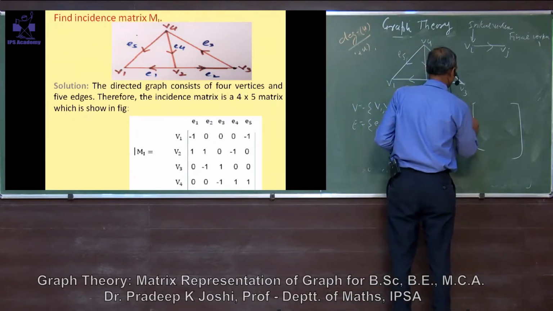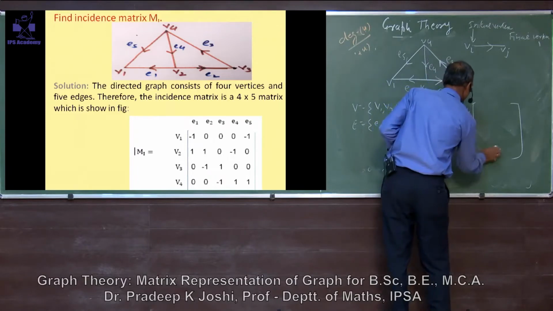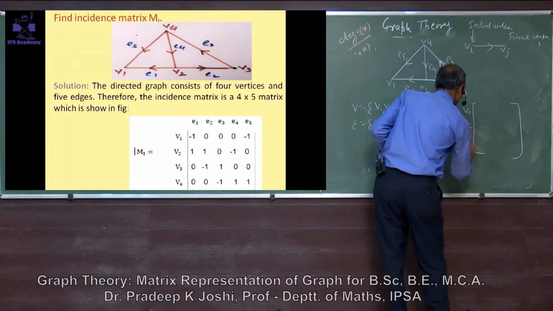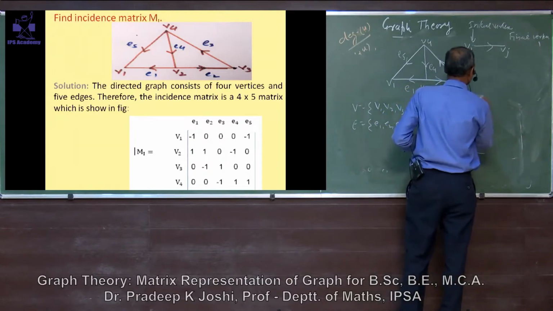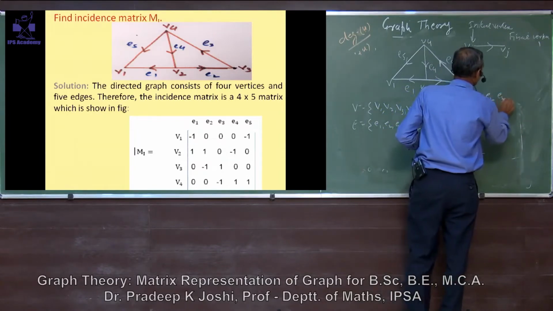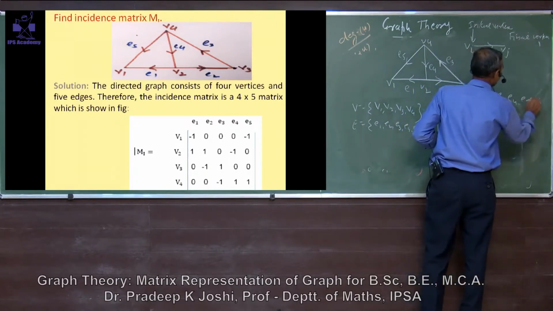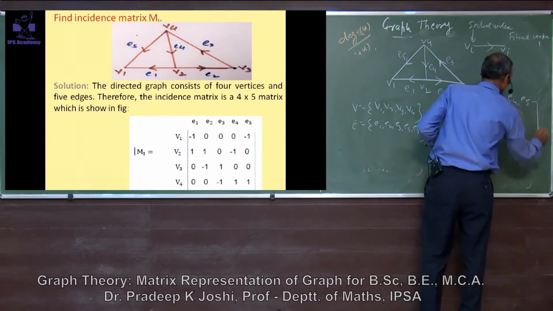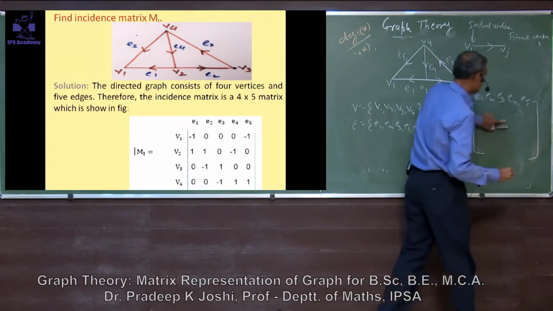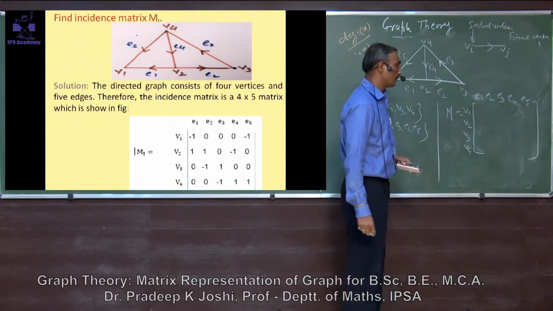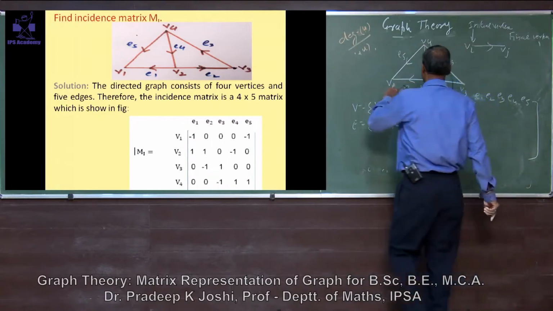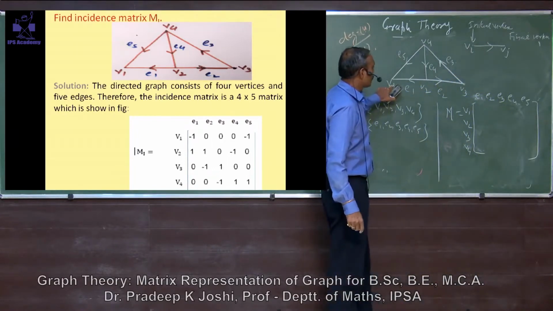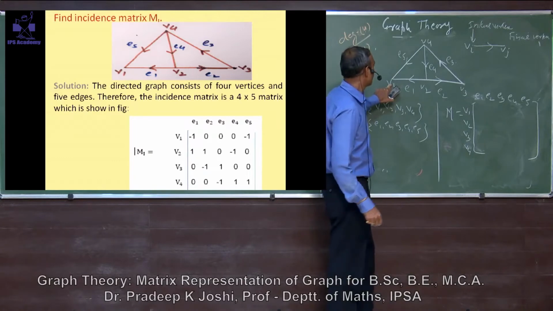So V1, V2, V3 and V4 are the rows, and E1, E2, E3, E4 and E5 are the columns. Now define the matrix here. First we take V1.